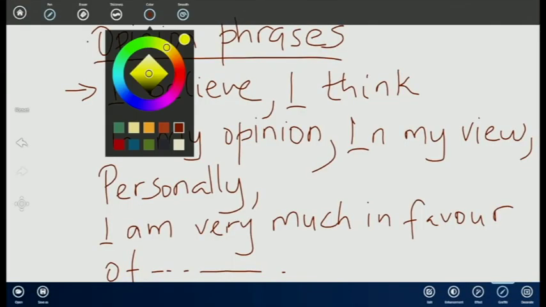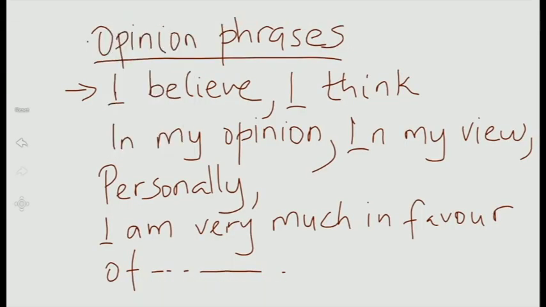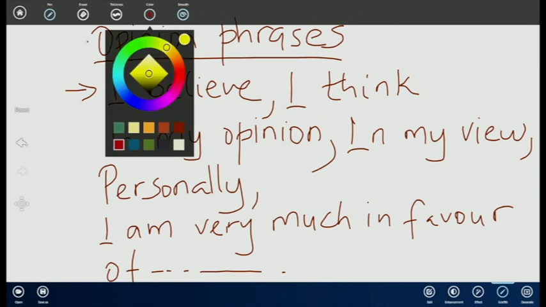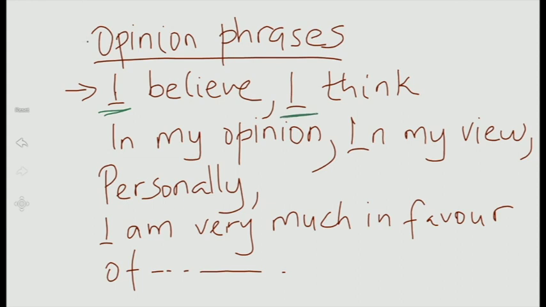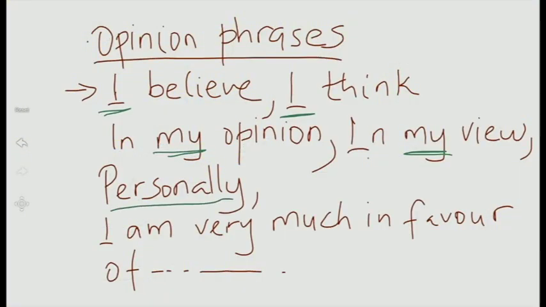One thing that you're going to notice is that all of these use the first person narrative. Here you've got I think, my, which again refers to you, and also my view, in my view, and personally, it's all about you.